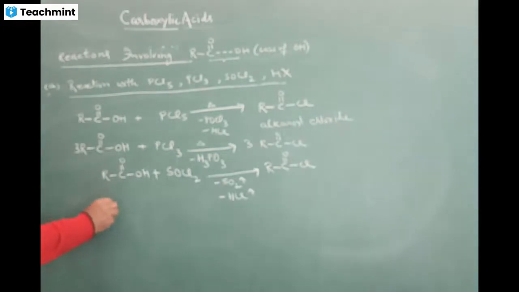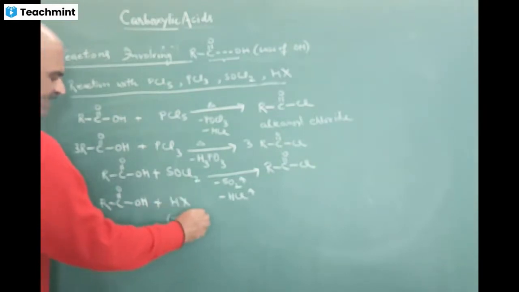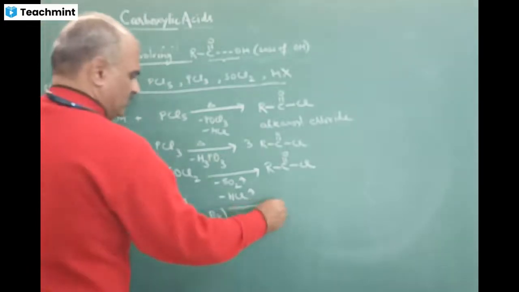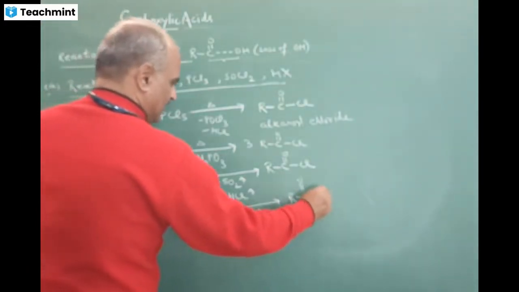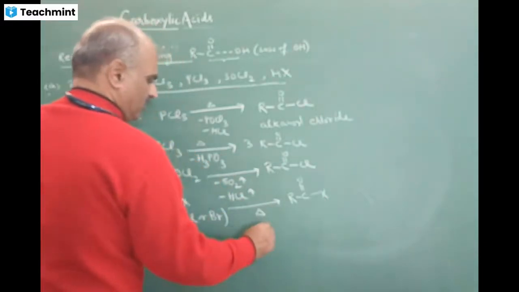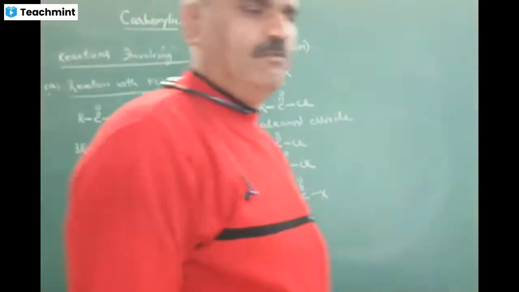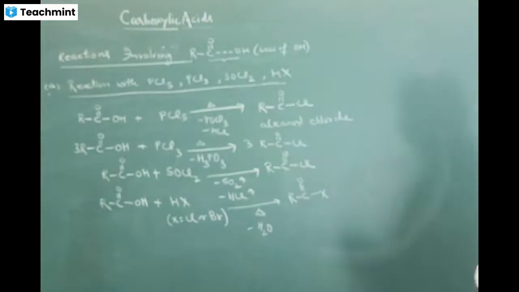and finally if we put HX, the value of X will be Cl or Br. So you will get RCOX, loss of water. So this is the first type of reaction in which we have used these 4 reagents.